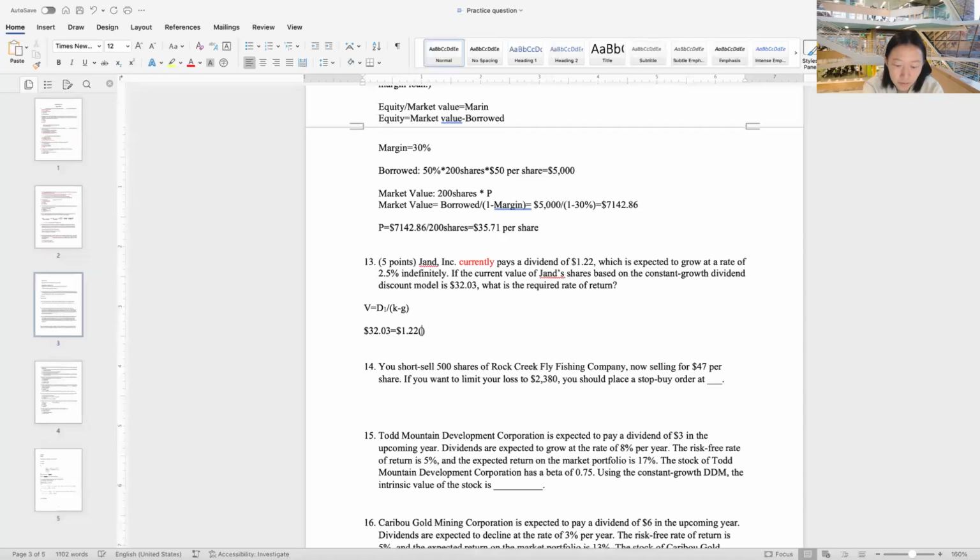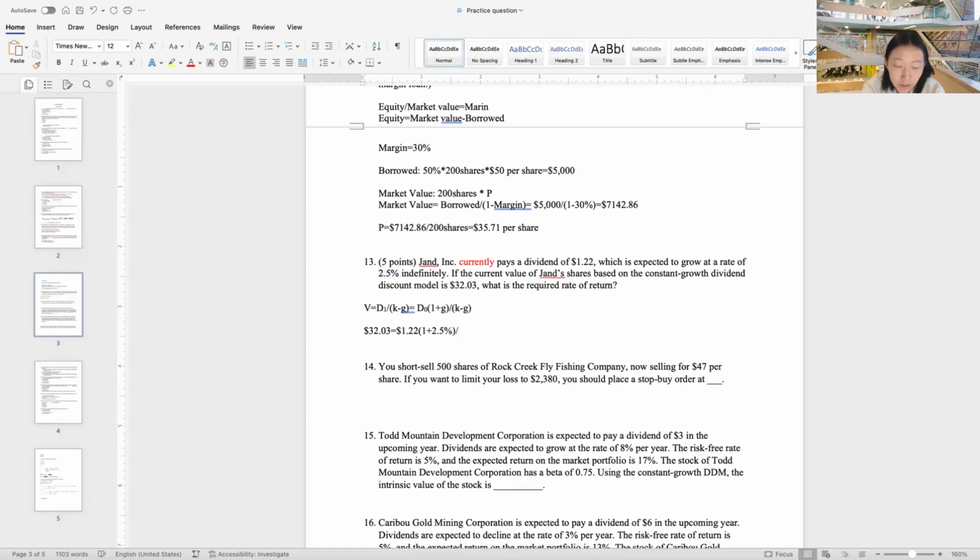So we need to calculate 1 plus 2.5%. If this is dividend 0, then we can refine the model this way. If we don't know D1, then we back out D1 from D0, applying the growth rate 2.5%.